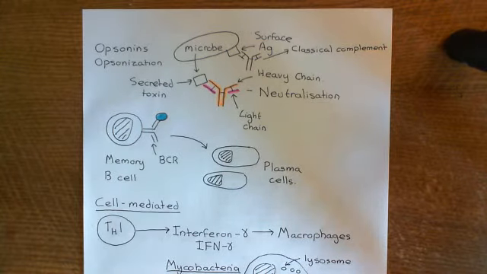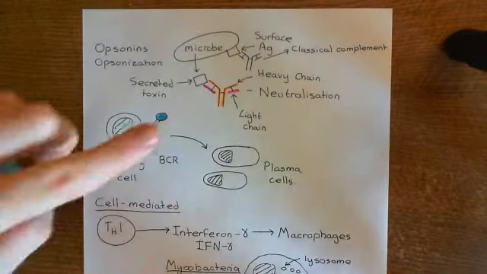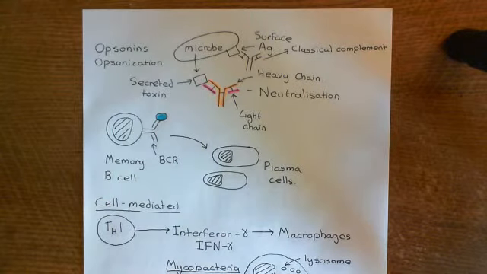Now, if it's a secreted toxin, then the binding of this antibody to that secreted toxin can serve to neutralize the toxin. Whereas if it's a surface antigen, then the binding of the antibody to that surface antigen can kill the microbe in two ways.